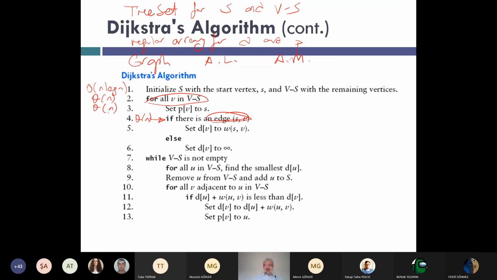If adjacency list is used, this check will take some time, and it can be as big as linear time.